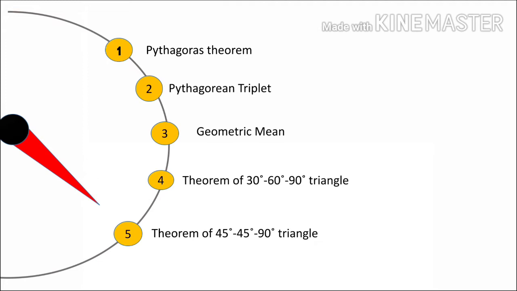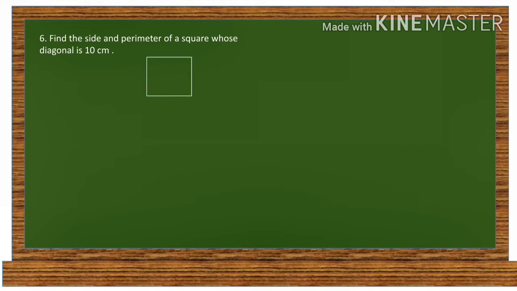Now, in examples 6, 7, 8, 9 and 10, we are going to use the Pythagoras theorem and the property of geometric mean. Question number 6. Find the side and perimeter of a square whose diagonal is 10 cm.